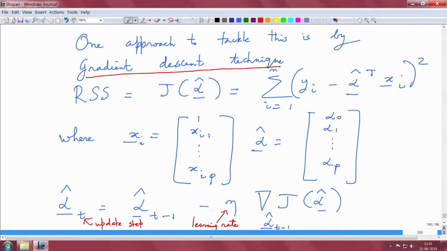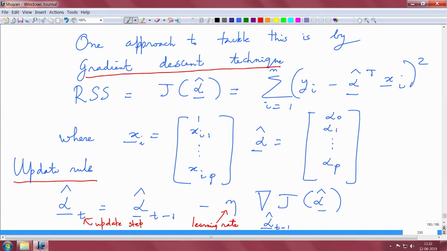So it is a negative gradient, and therefore there is a negative sign sticking here. So this is the update rule, and using this update rule we can solve for alpha hat in one shot. So we can get the entire vector in one shot.